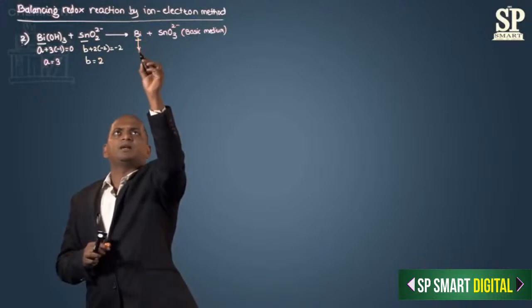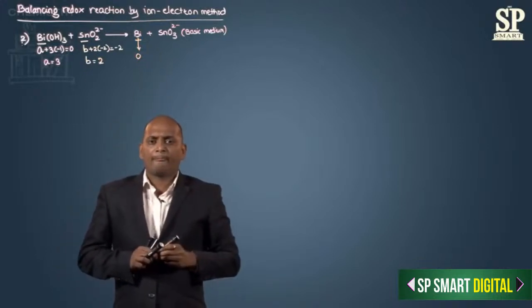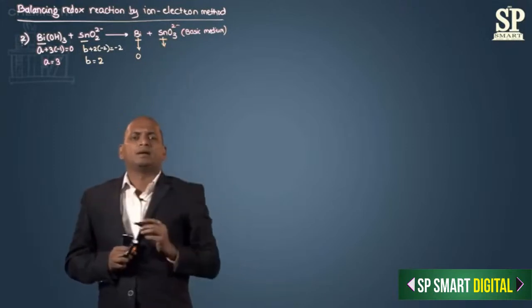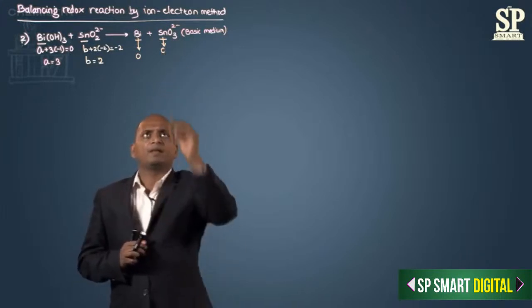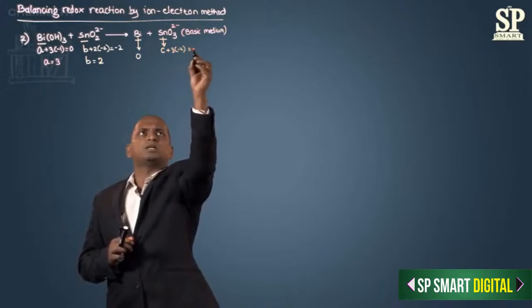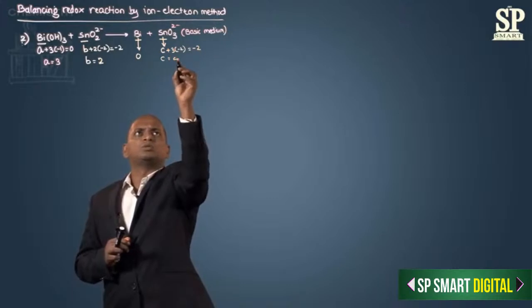Bismuth, a free element, the oxidation state becomes 0. Then here, let us consider the oxidation state c plus 3 into minus 2 is equal to minus 2. So, c is equal to 4.